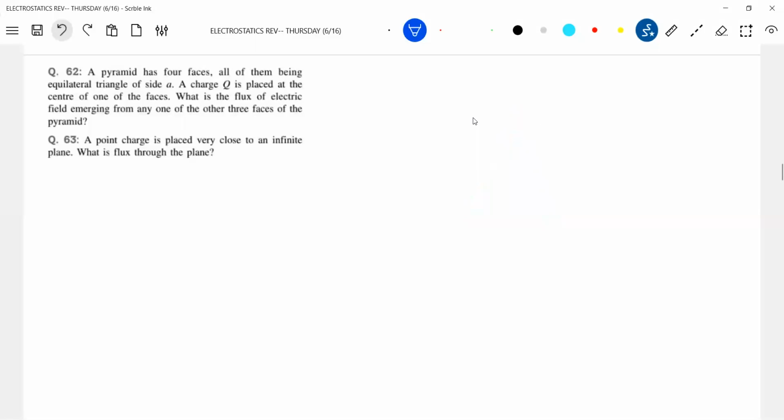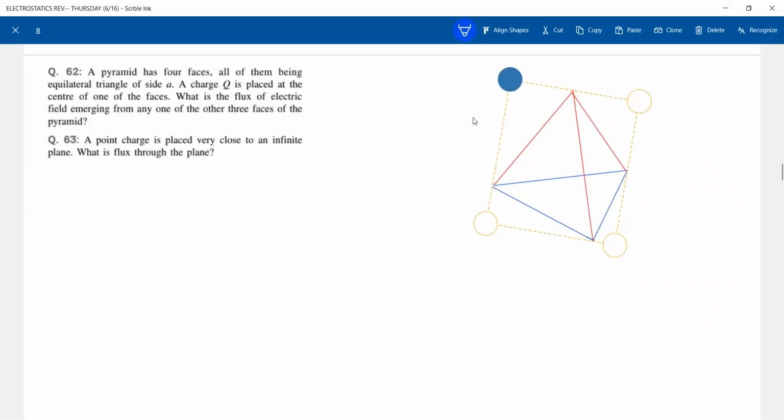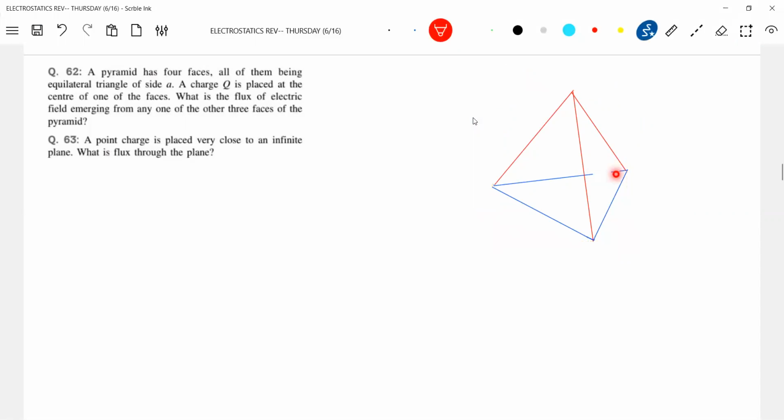Equilateral triangle, how it should be. This one should be dotted.